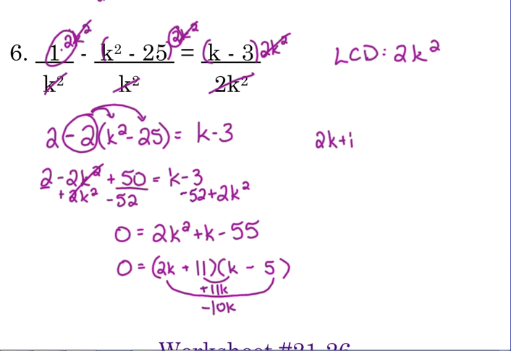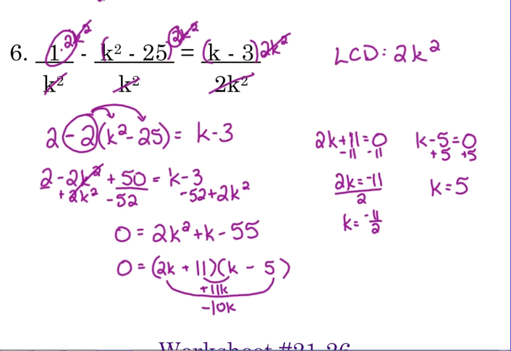So now we take both of those and set them equal to 0 and solve them individually. Okay, so we get negative 11 over 2, and we get positive 5.